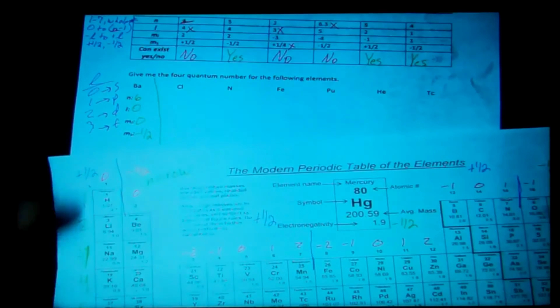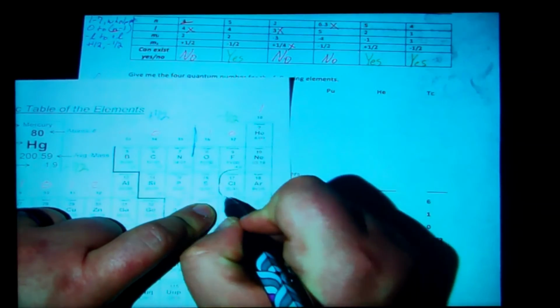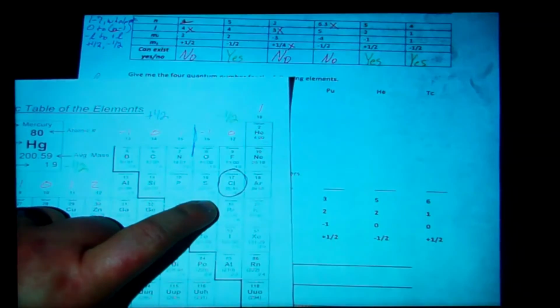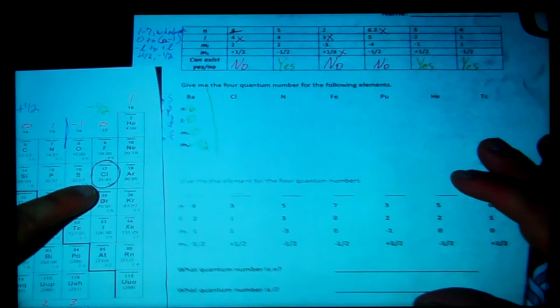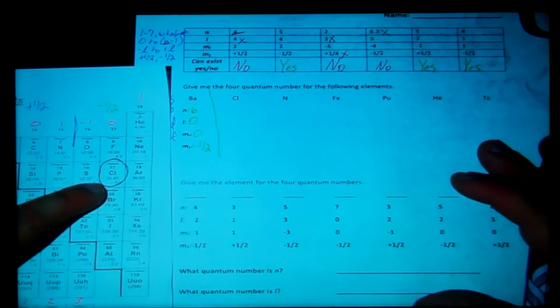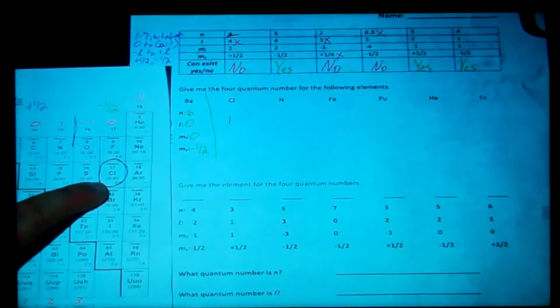Okay? So let's move to chlorine. Chlorine's atomic number 17. Here's chlorine. First thing, chlorine. Let's see. Chlorine is in the P block, which means L is 1.